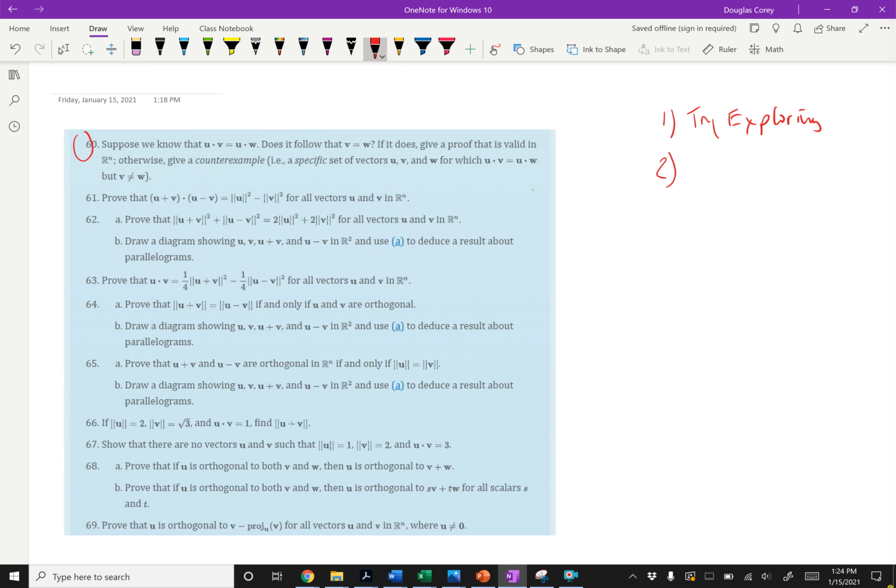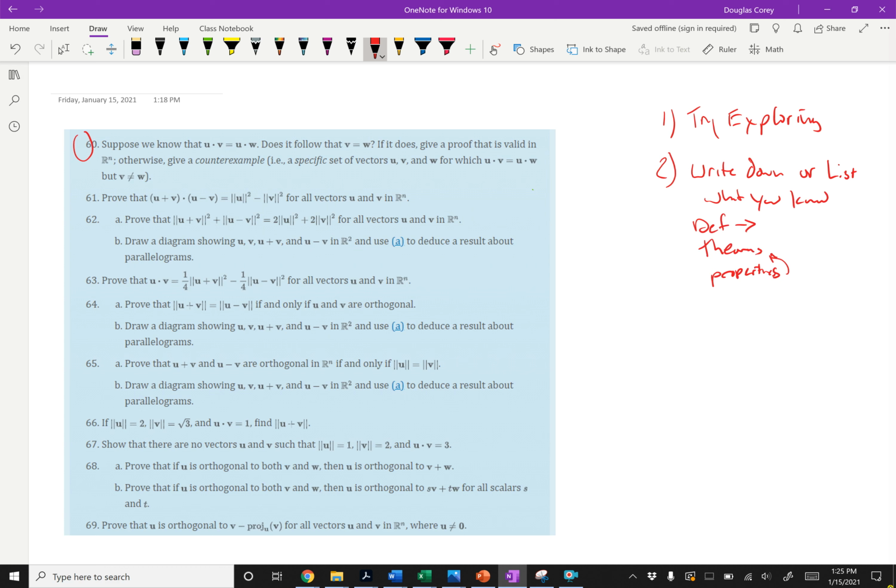Number 2: write down or list what you know. And these are often definitions. We use definitions a lot. We always have to go back to definitions. Theorems or properties. In this book, a lot of the properties are listed as theorems.